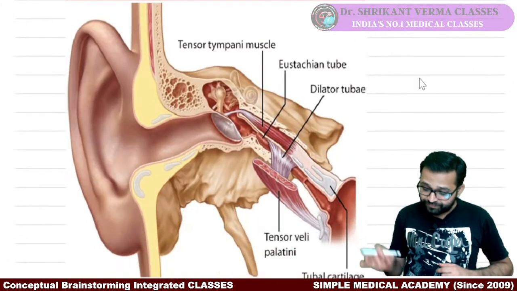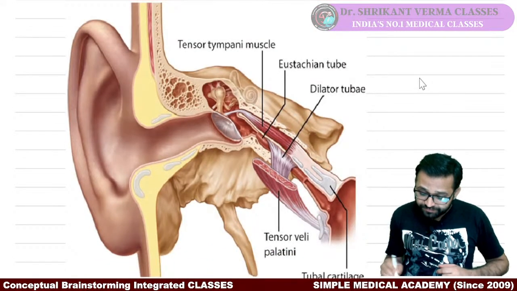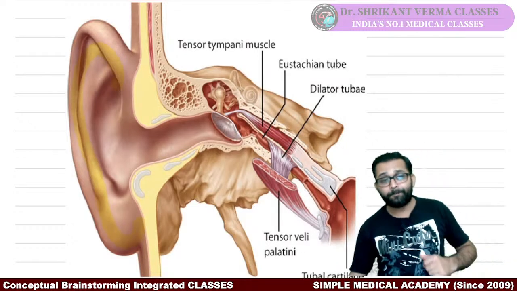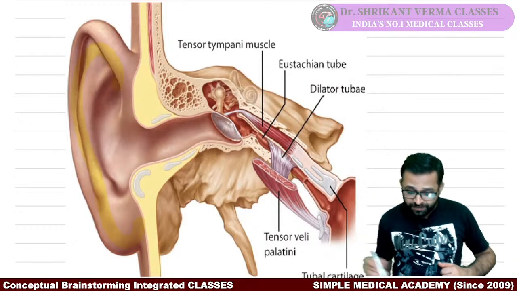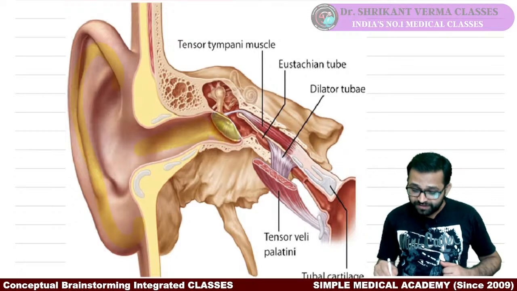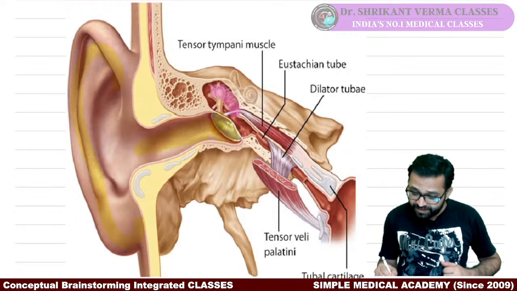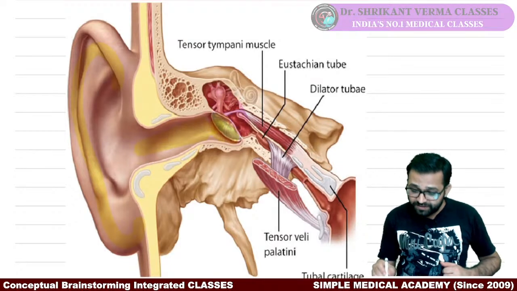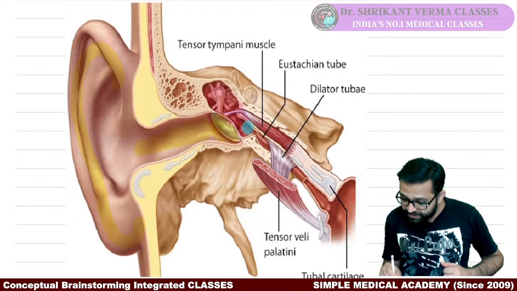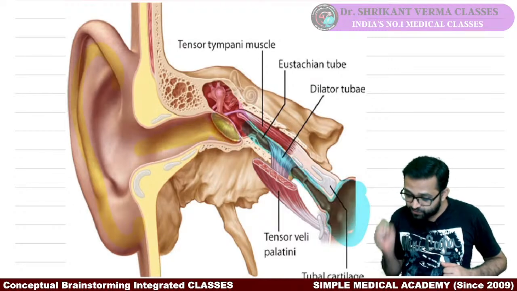See here, we had already seen the external ear, the pinna, and the external auditory meatus. Then you can see the tympanic membrane, and here the middle ear cavity. This middle ear cavity is connected with our auditory tube, the Eustachian tube, which is connected with the nasopharynx.